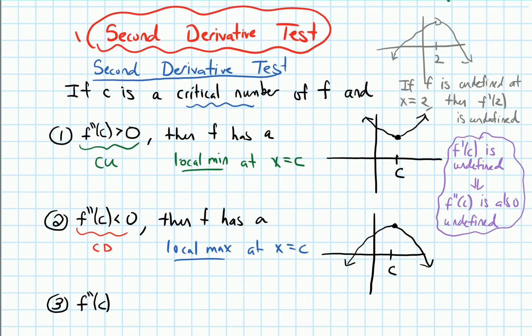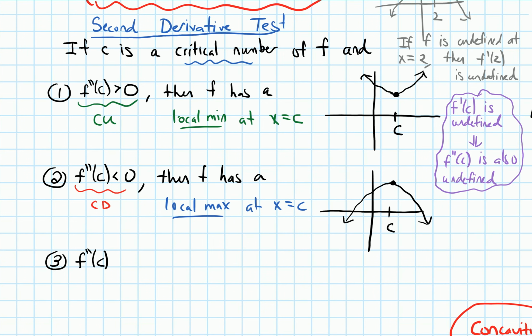Okay, so there's one final possibility. We've talked about the second derivative being positive in case 1, that's concave up, or the second derivative being negative in case 2, and that made a concave down graph. But we could also have the second derivative be 0 or be undefined. So if the second derivative is 0 or it's undefined, then the test, the second derivative test, is what's called inconclusive.